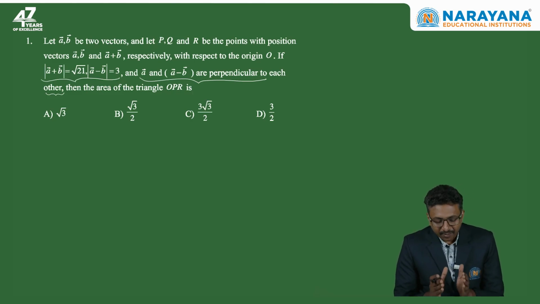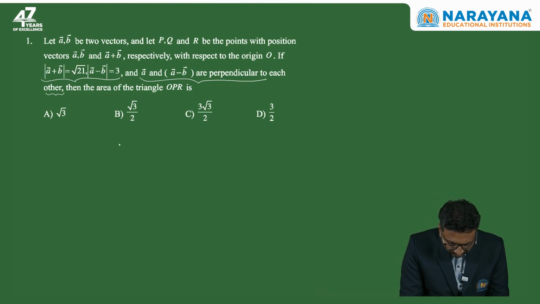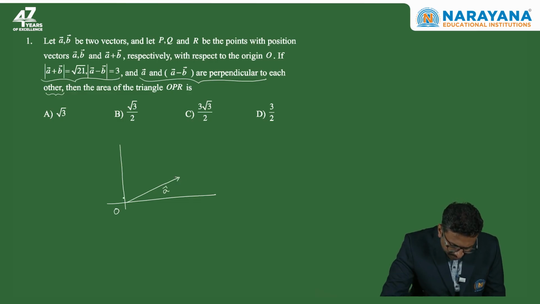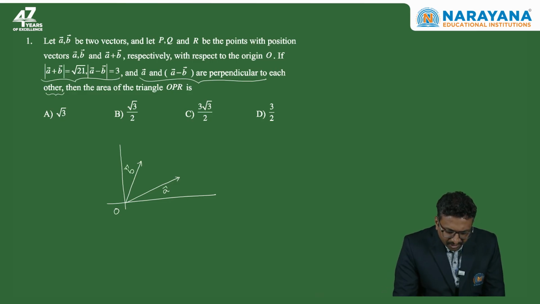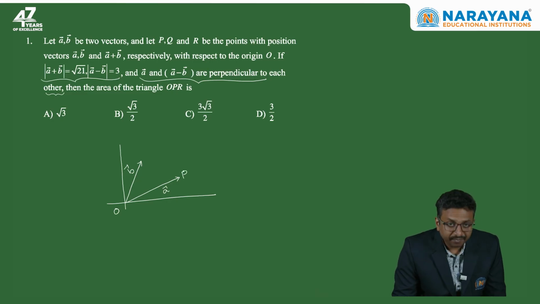So let's represent this information in the form of a diagram. With respect to origin, a bar and b bar are two vectors. Let us say that this vector is a bar. Let us say that this vector is b bar. So P, Q, R are points with position vectors a bar, b bar and a bar plus b bar. That means this point is P, the point with position vector a bar.